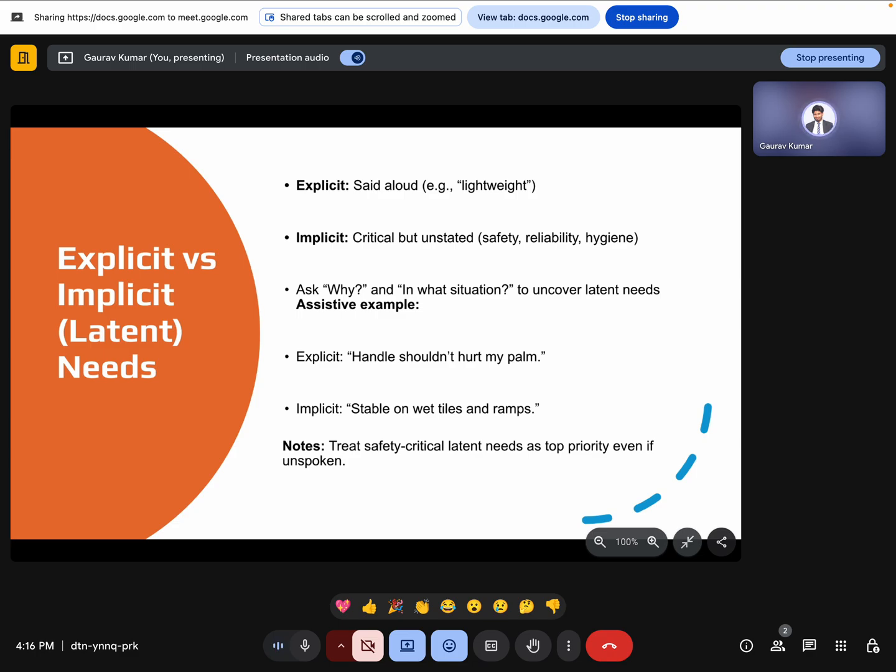So safety critical latent needs are automatically raised to the top of the priority list, even if no one articulates them directly. You need to keep these things in your mind.